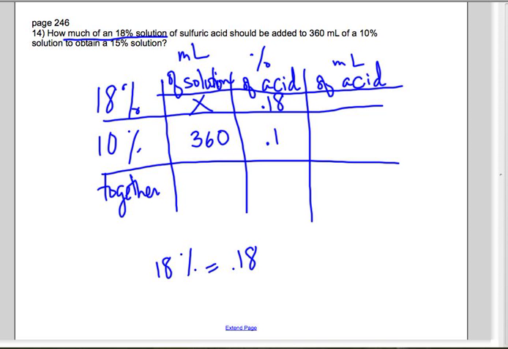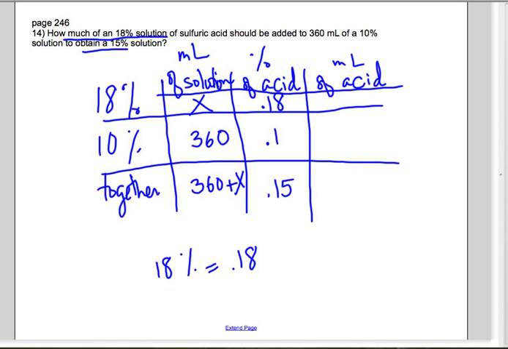So together when we add the two solutions, we get 360 plus x, or x plus 360, that's both the same. This one is going to be a 15% solution when we add them.